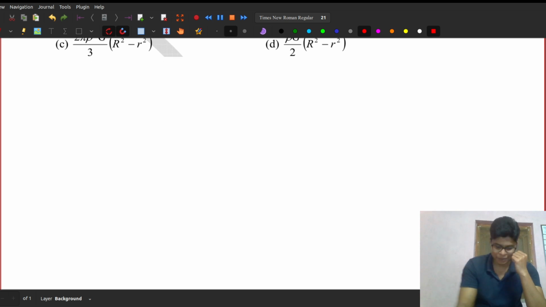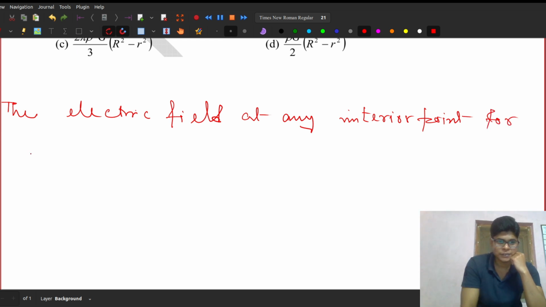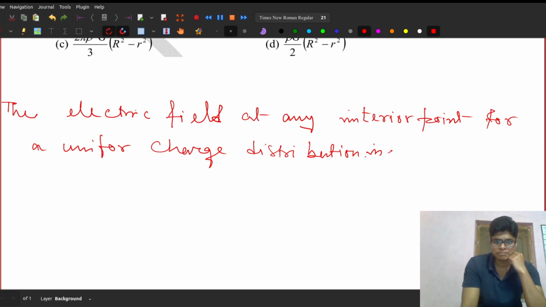Okay. Now the thing is, whatever I remember from electrostatics is the electric field at any interior point for a uniform charge distribution is E equals rho r divided by 3 epsilon naught.